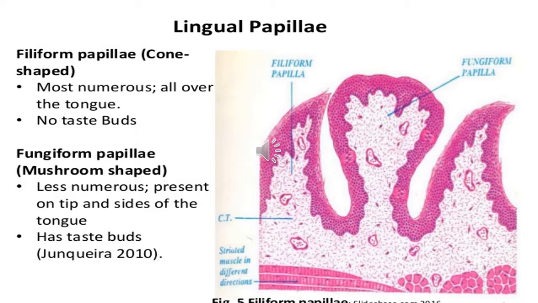On the basis of their shape, the lingual papilla are divided into four basic types. Number one is the filiform papilla, that is finger-like, then the fungiform papilla, the circumvallate papilla, and the foliate papillae.